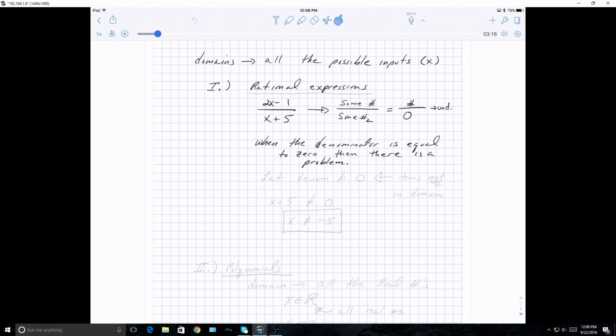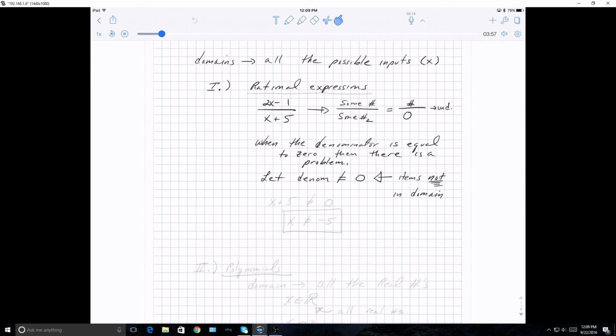So what we could easily do to find out what values will not work is just by letting the denominator equal 0. So the idea here is we let the denominator, whatever it is, not equal to 0. And what this says is that these items are not in the domain. So these are all the values that we cannot use.